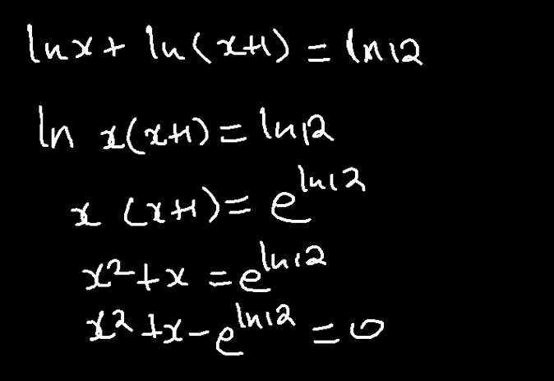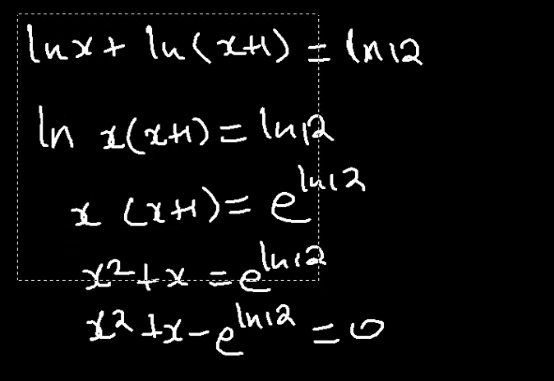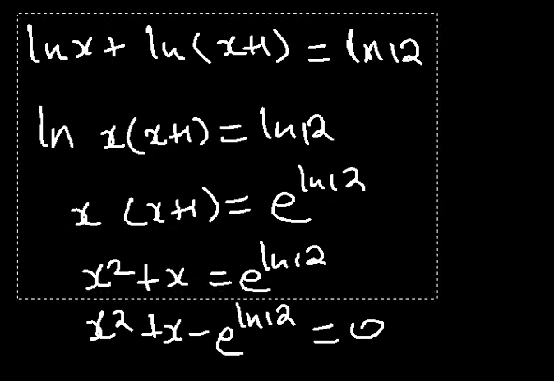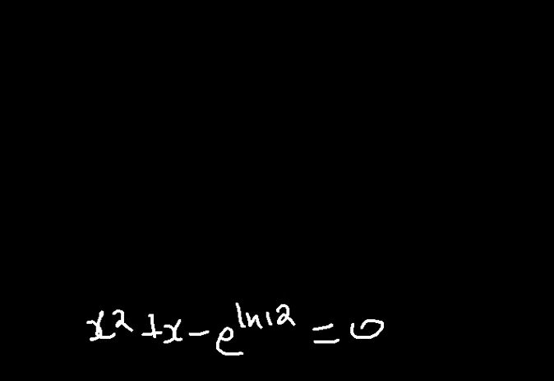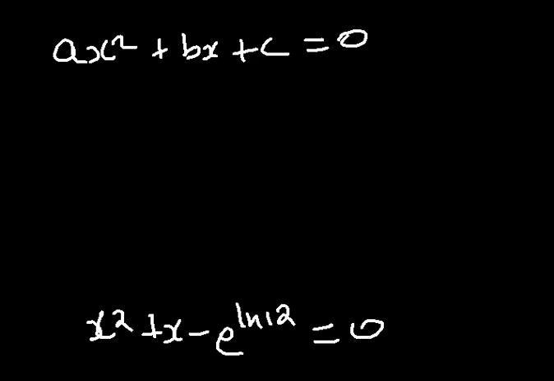Now you should remember the way the completing square method of solving the quadratic equation is used. For instance, we have the quadratic equation x squared plus bx plus c is equal to 0.